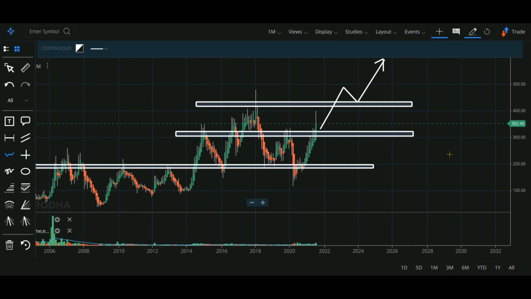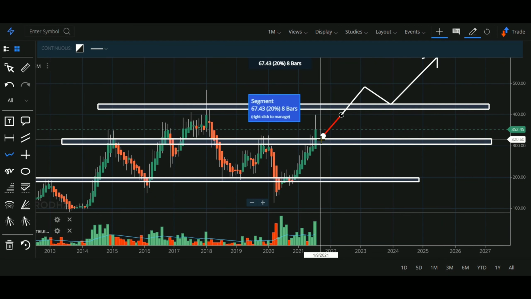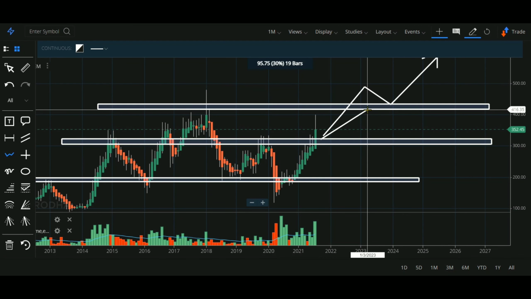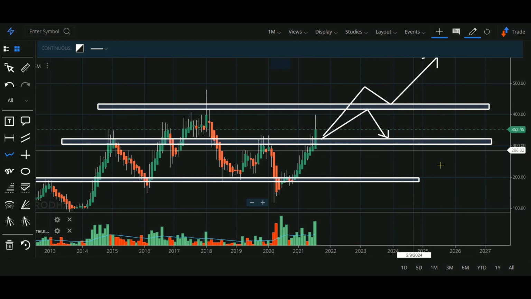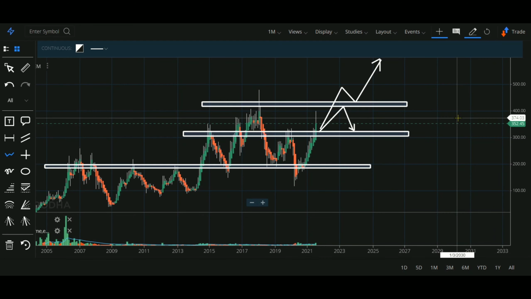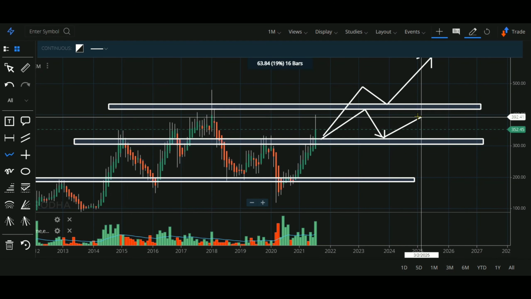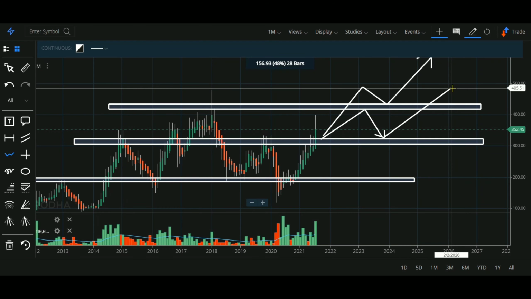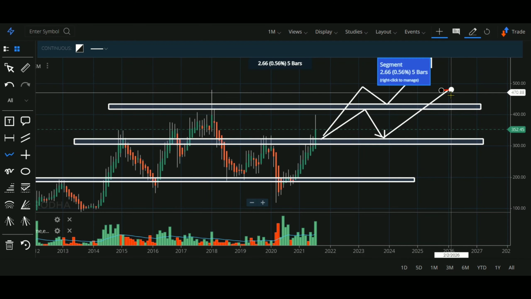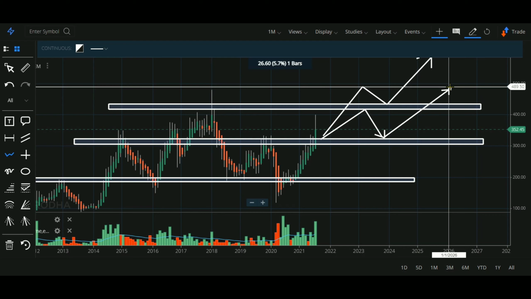So this is a possible scenario that could happen. Or else in the worst case scenario, or in a conservative trader's mind, this could come as something like this. The stock could go up till here and then it could come down like this. These are the two scenarios that could happen. And what could happen after this is it could again maybe go up like this.